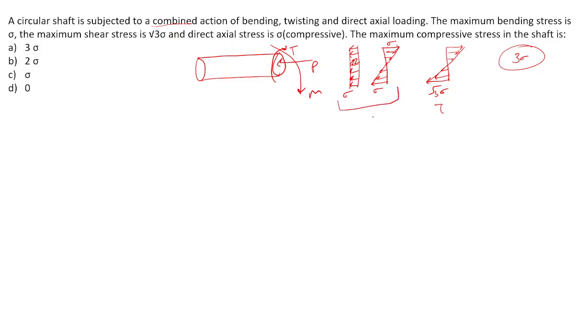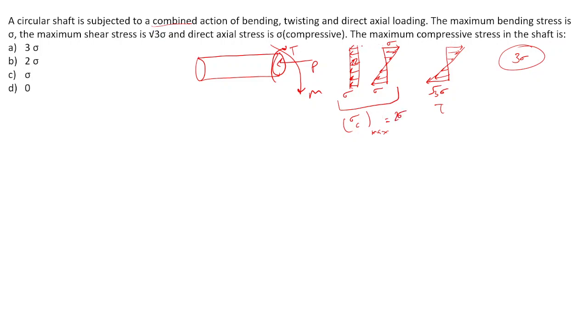Bending stress is normal stress. So we have to go for the maximum compressive stress. So here we will take this and this, right? Yes, sir. So maximum compressive stress, sigma C max, would be 2 sigma. Is it clear or not?